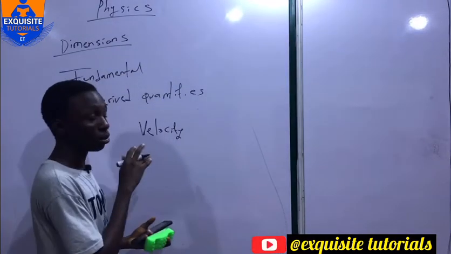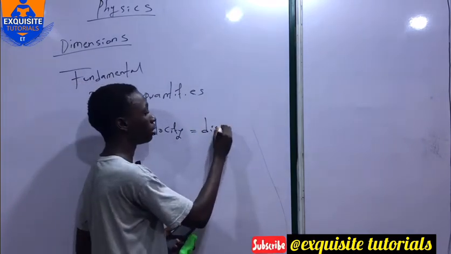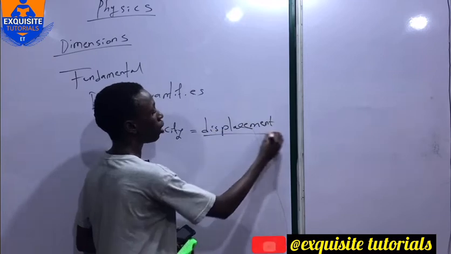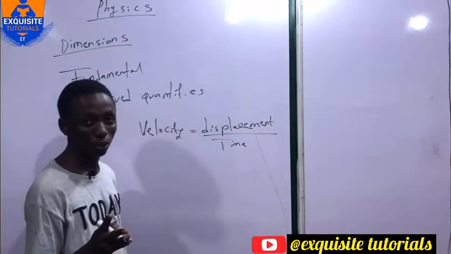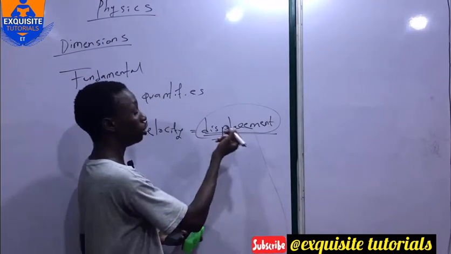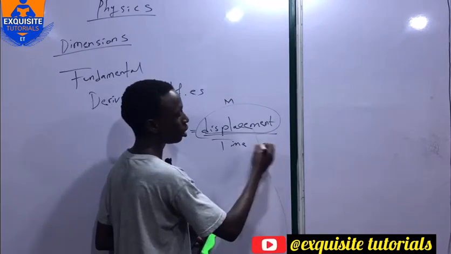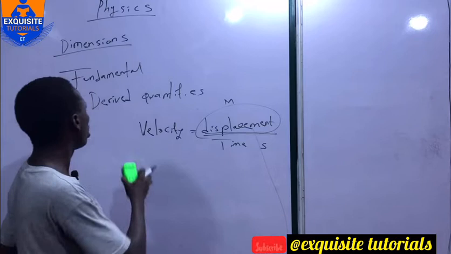Velocity is equal to displacement over time. Now you can see that velocity is a combination of two fundamental quantities: displacement, whose unit is length, so that is meter, and time, which is seconds. So that is a combination of two or more fundamental quantities. That is a derived quantity.